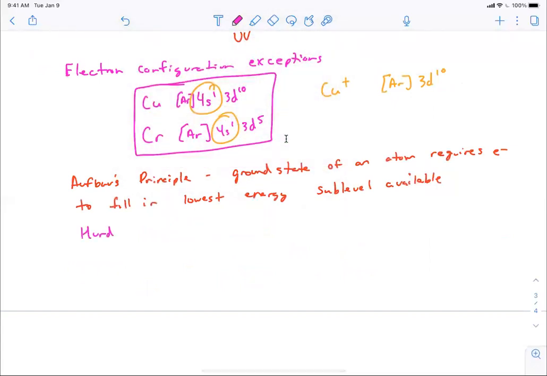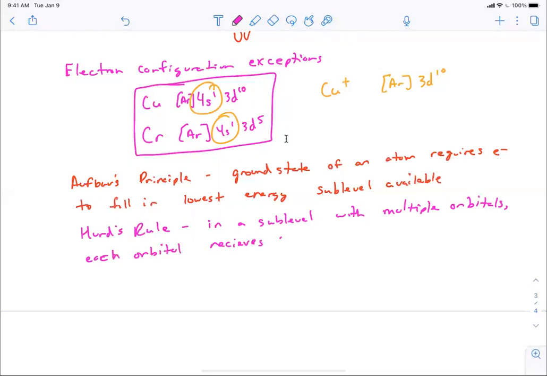Hund's rule, apologies, got ahead of myself here. Hund's rule states that in a sublevel with multiple orbitals, each orbital receives 1 electron before any get 2.